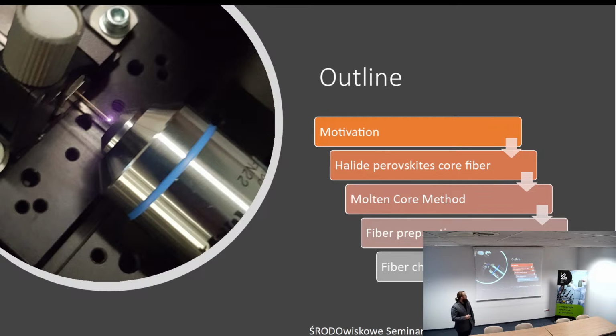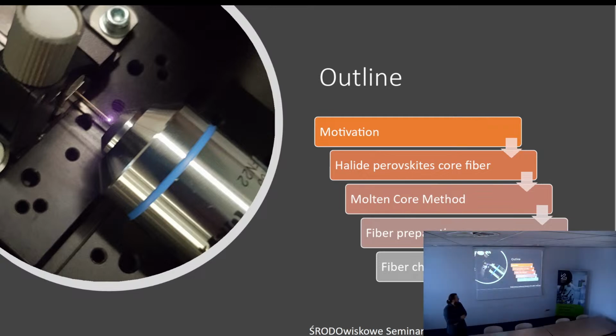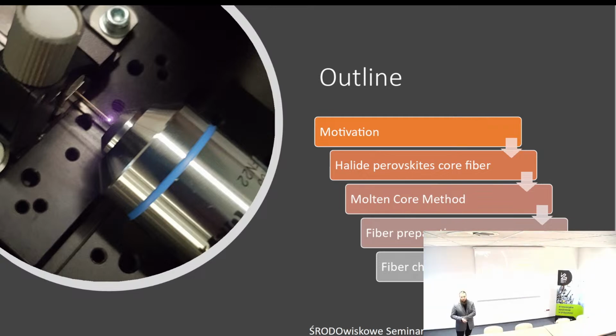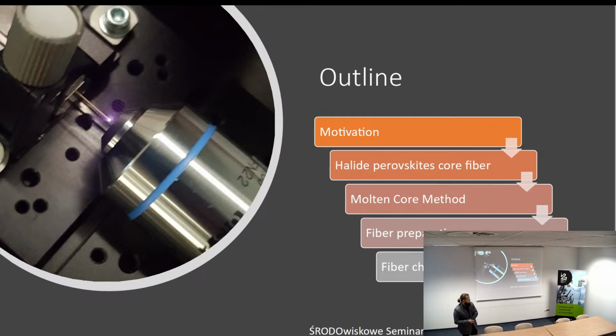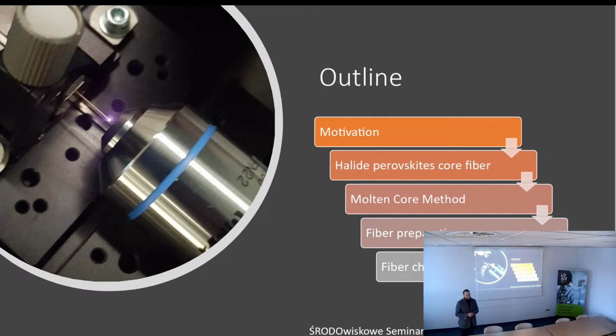A few words about motivation, then why halide perovskites, then I will talk about the fabrication method, the molten core method, and then we will move from theory to practice, and I will show and talk about the fiber preparation and characterization.